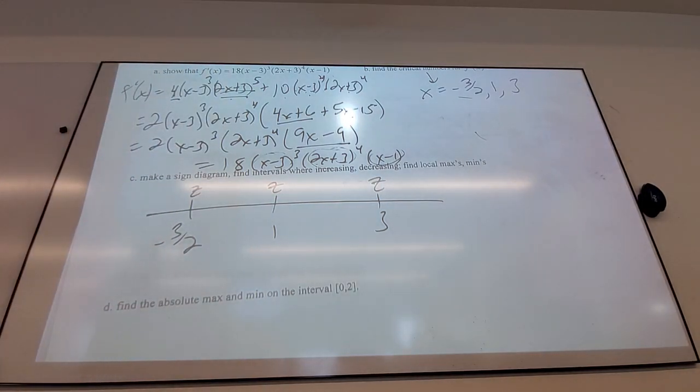And I'm going to do it using multiplicity.